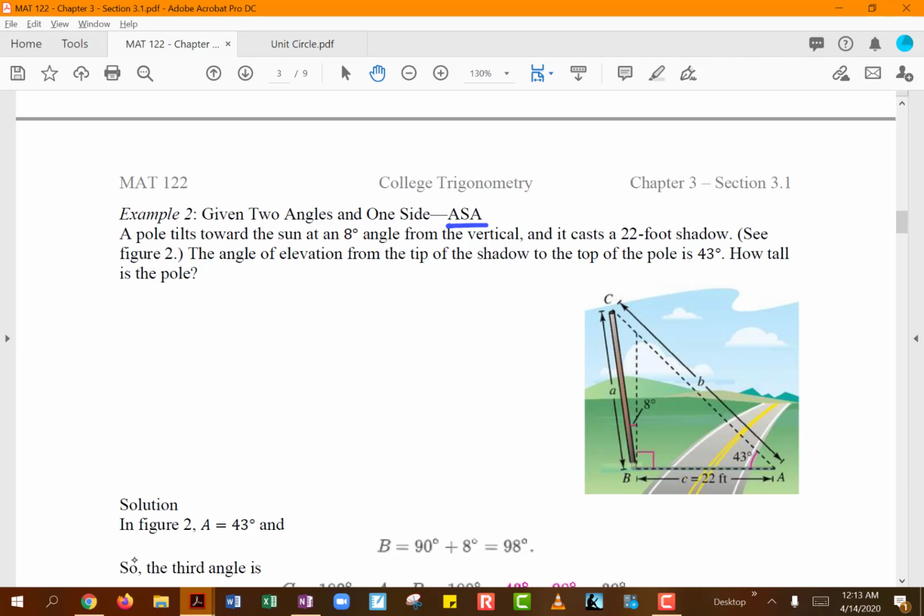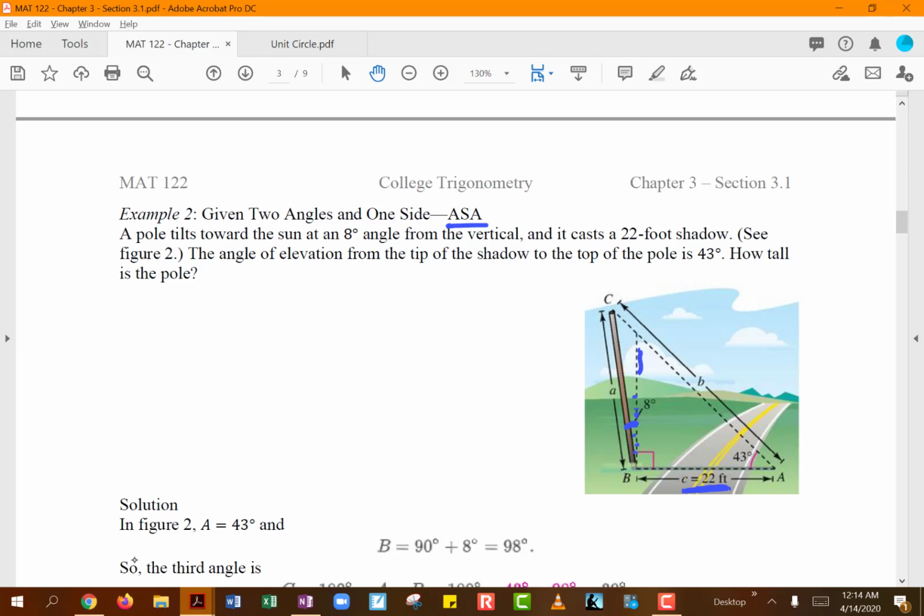So you can see if this little dotted line here is our vertical, we are saying it's tilting towards the sun at an angle of 8 degrees. They're telling you it is casting a 22-foot shadow. So that's this distance here, a 22-foot shadow.